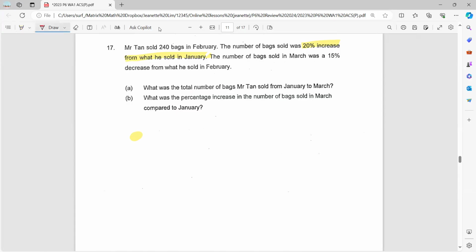Okay, let's look at this first. So for part A, if I have a 20% increase from what he sold in January, this is the base we're comparing against. So January is actually 100%.